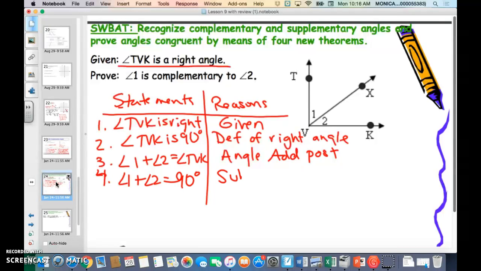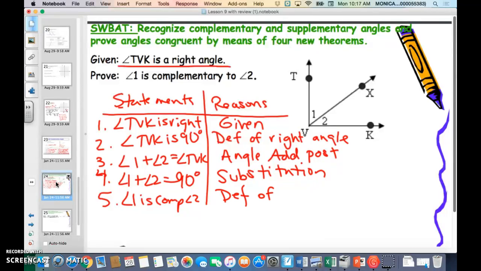This is substitution. And lastly, we can now say that angle 1 is complementary to angle 2, and this is definition of complementary angles.